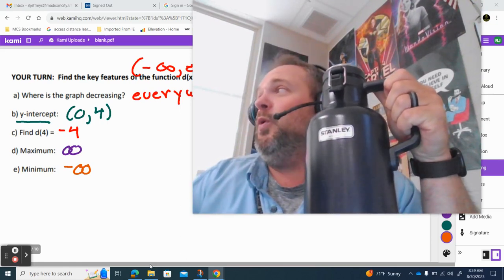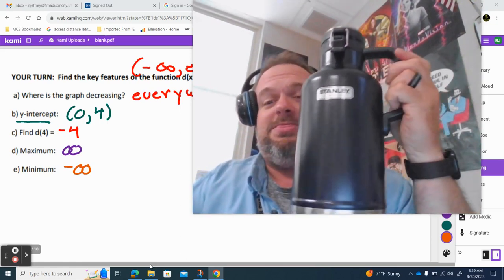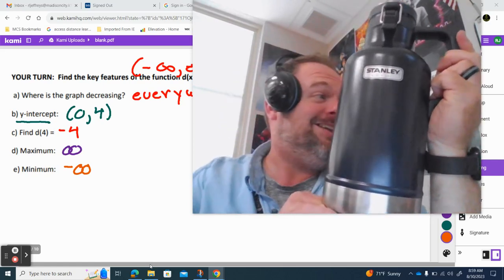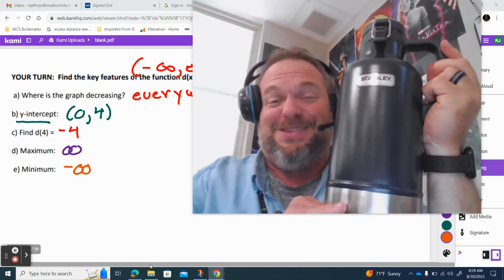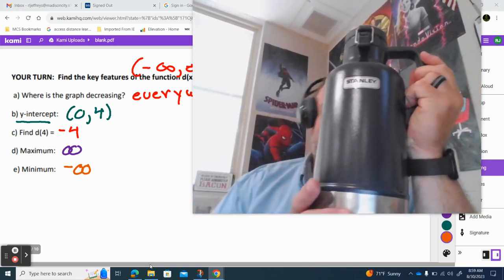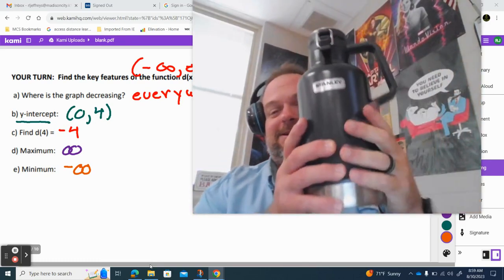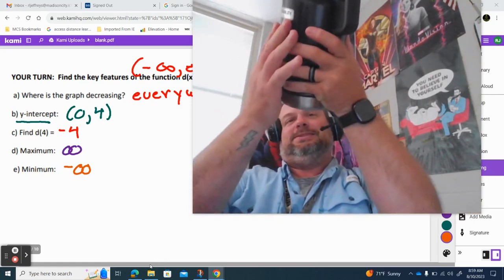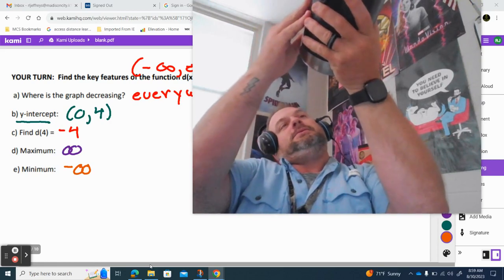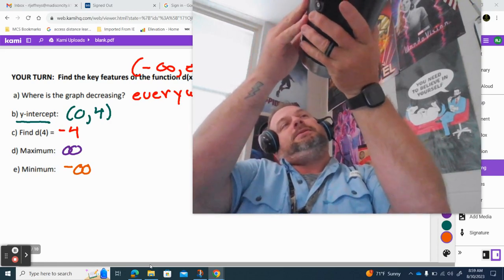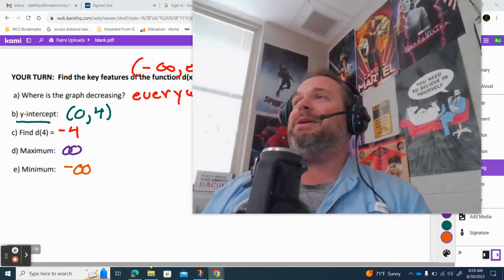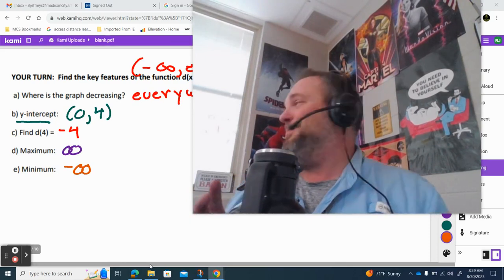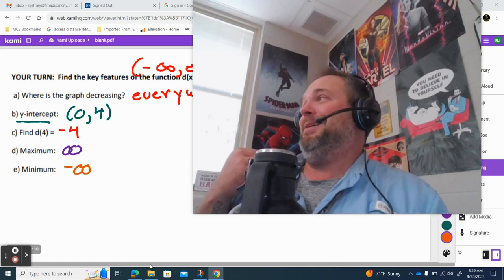So I'm going to one up them. Look, I can knock somebody out with this. This is going to be awesome. This is my Manly Stanley Cup. I think it holds, let's see. No, it doesn't have coffee in it. If I had coffee in it, I would be able to see sounds right now. I can already smell colors drinking out of my other cup.